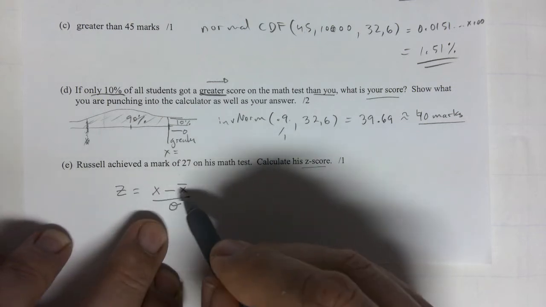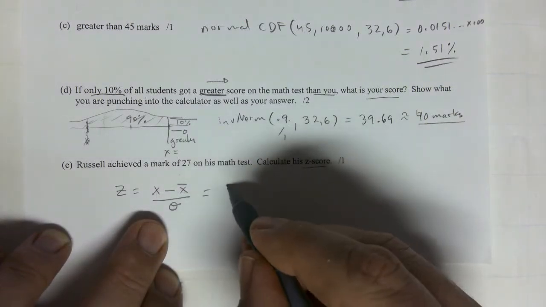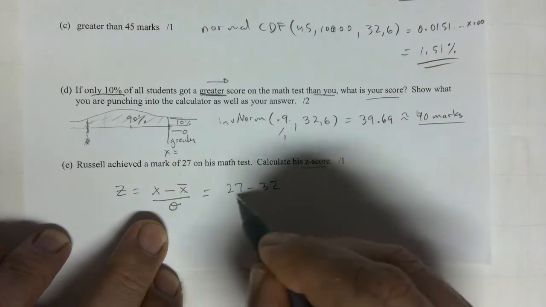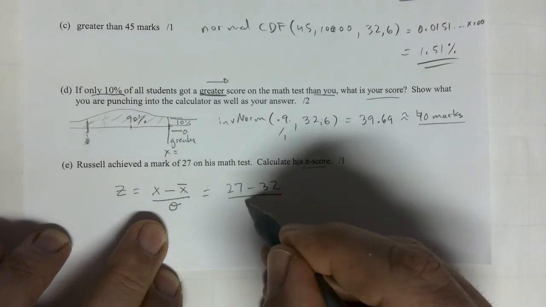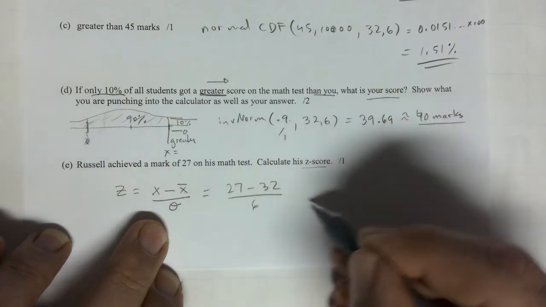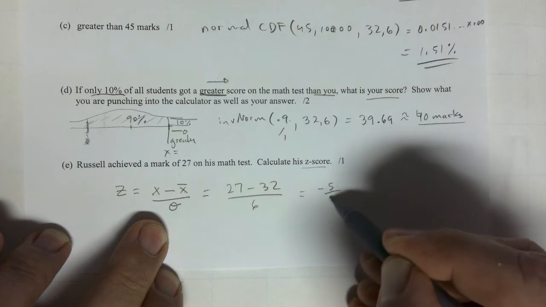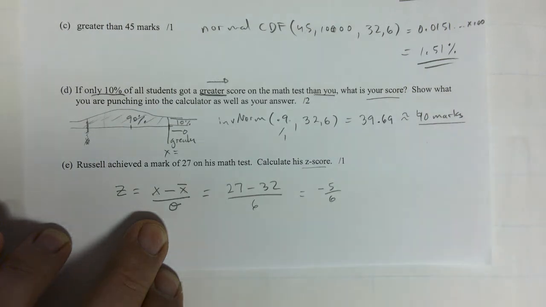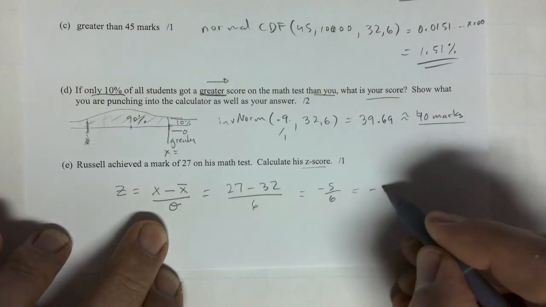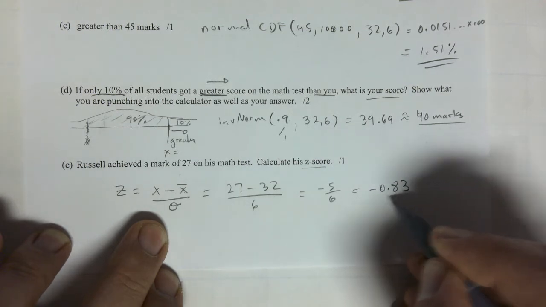You have all of these things, right? So the mark is 27, the average is 32, the standard deviation is, I gotta go up and check again, 6, okay? So here you have -5 over 6, and so we're gonna figure that out. That is negative 0.83 is the z-score.